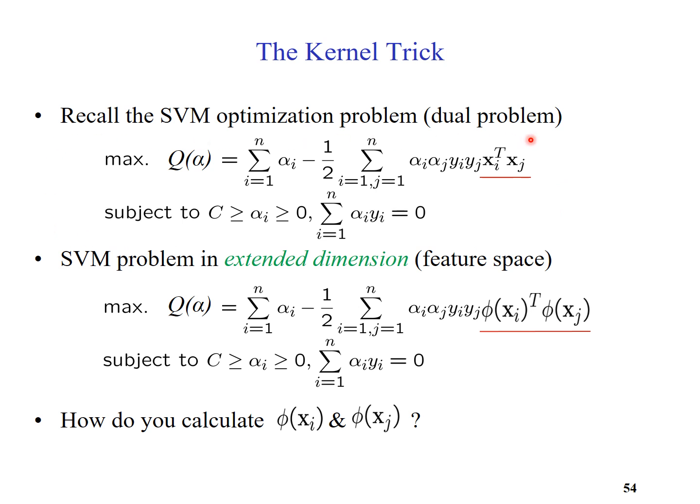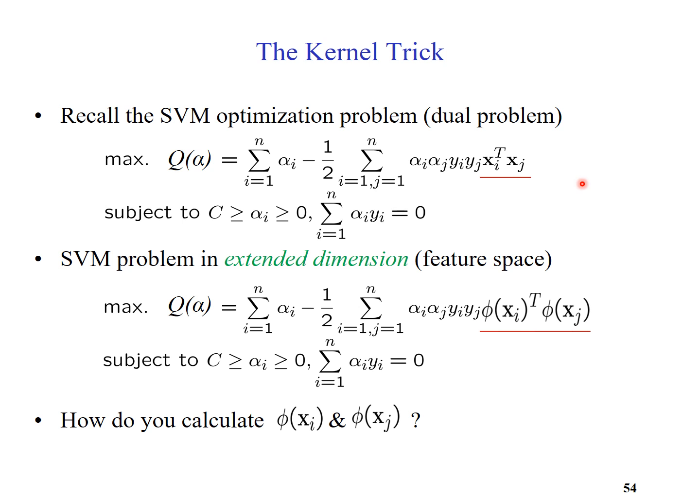So this is the linear case. In the nonlinear case, what was the idea? We map the original data to a higher dimension, and then in the higher dimension we find the linear classifier. That's the basic idea of nonlinear SVM.